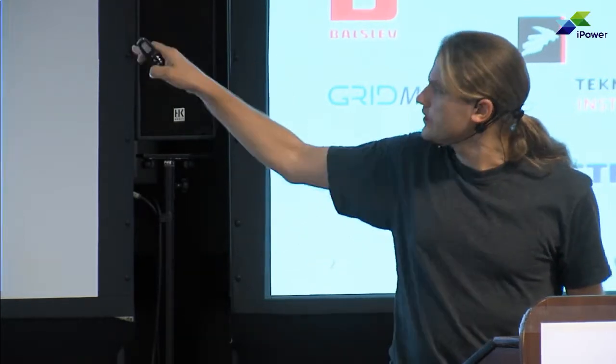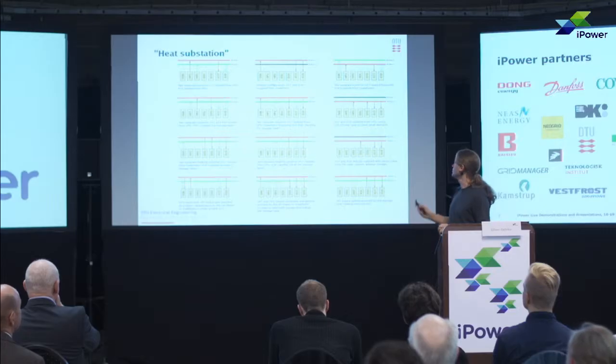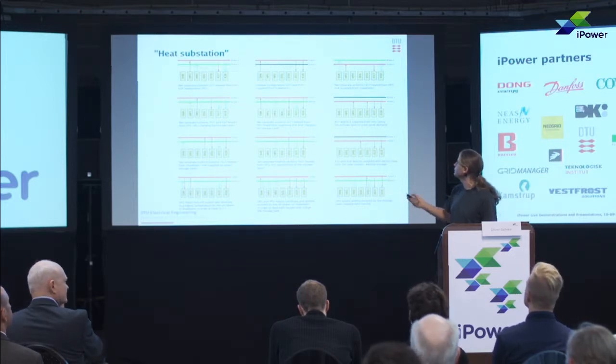Don't read the small text. This is a slide that was taken out of our planning process, and it's again similar to the one with the 3 electrical sites. We started making scenarios of what you could do with such a heat bus bar. So we have different sources of heat, pumps and district heating and solar and so on, and then we have the 2 houses.